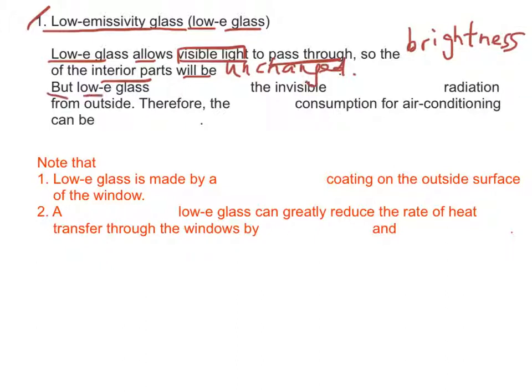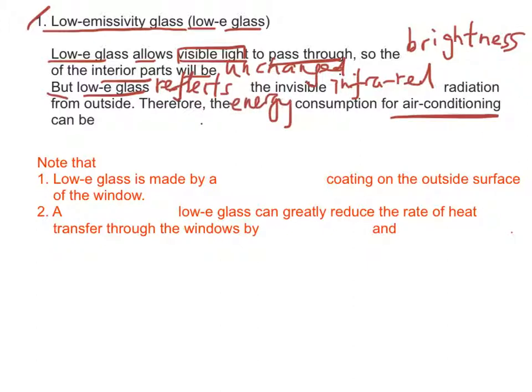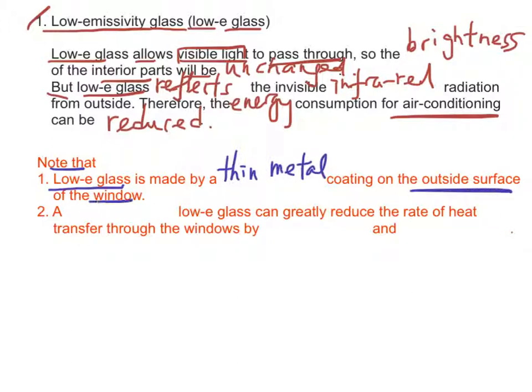But the low E glass will reflect the invisible infrared radiation from outside. Therefore, the energy consumption for air conditioning inside can be reduced. Note that low E glass is made by a thin metal coating on the outside surface of the window.